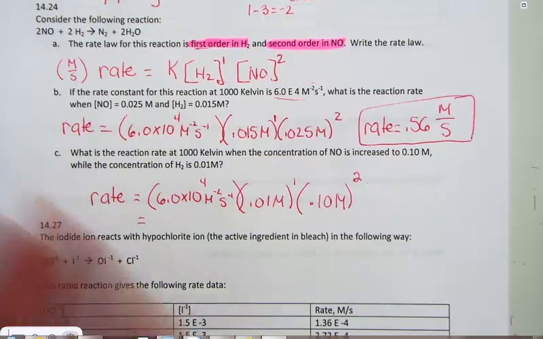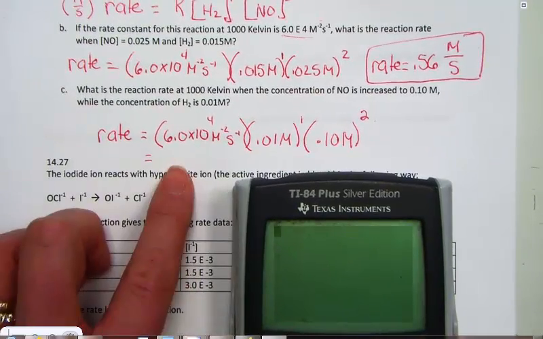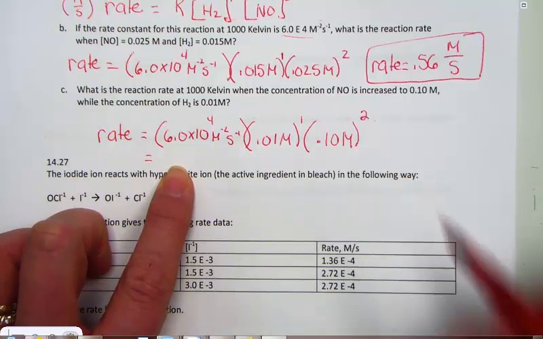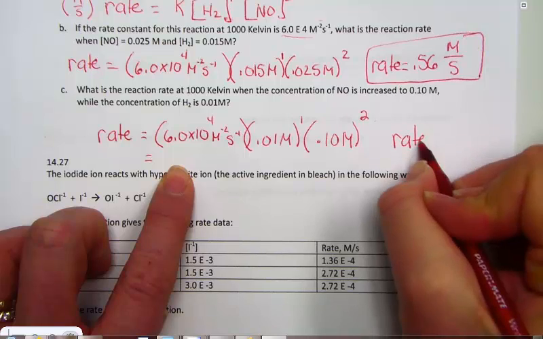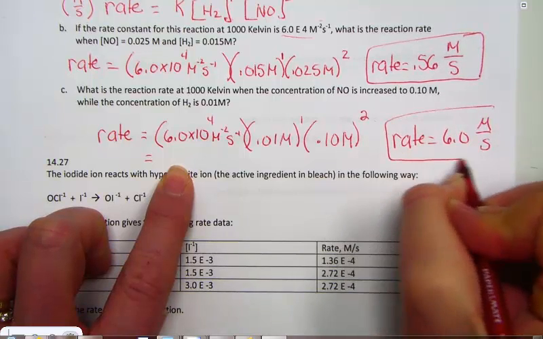Let's solve for the rate this time. So hitting that same series, 6E to the fourth power times 0.01 times 0.1, but that needs to be squared because it's second order, and we get our value, which comes out to be 6, right on the button. So the rate is equal to 6 molarity per second.